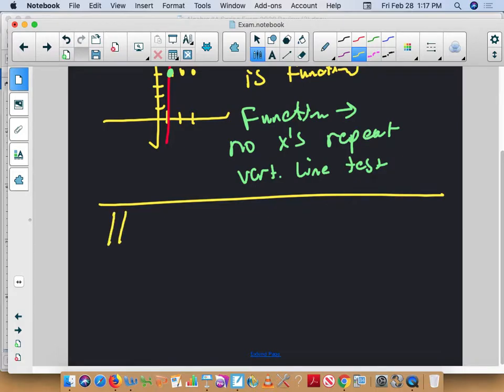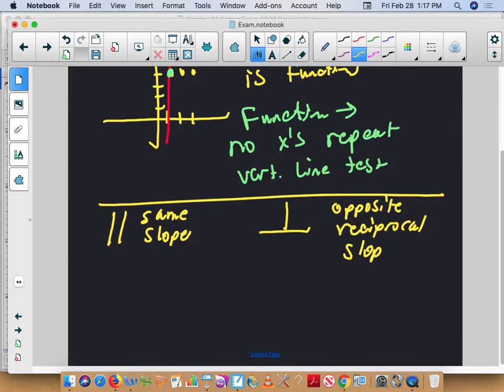Parallel lines have the same slope. Perpendicular lines have what we call opposite reciprocal slopes. An example of same slope would be y equals 5x minus 7 and y equals 5x plus 1.